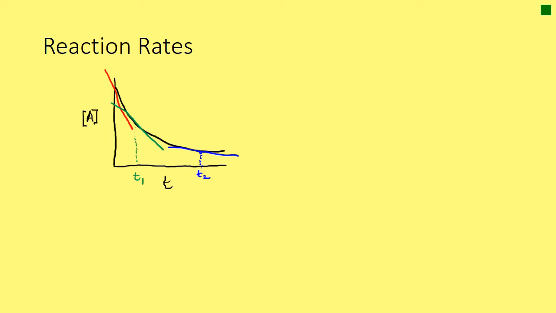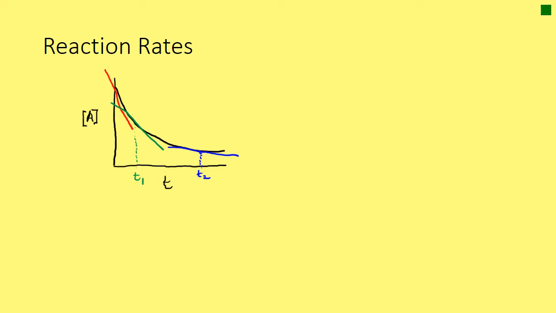Normally in a graph of reaction rates, you would have the concentration of reactant A on the y-axis, and you would look at the change over time. You would start off in the reaction, and the concentration of A would gradually decrease until it's all used up.